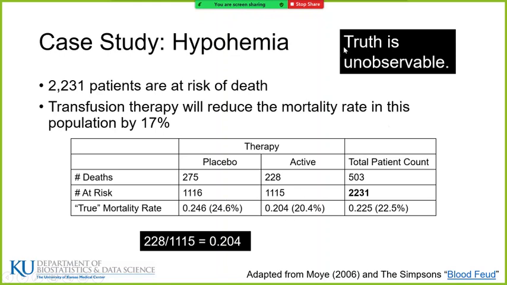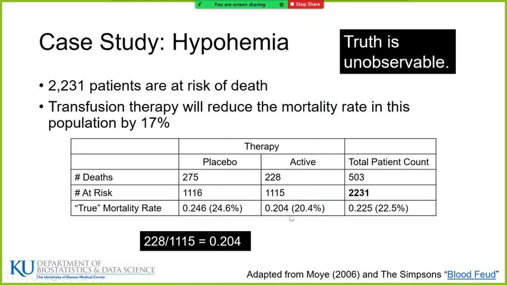And this is the truth, right? This is the truth because this is every patient, and this is an accurate measurement of whether they lived or died, and this is an accurate description of the therapy that they actually received. The way that we might want to summarize the effect of this active therapy is to look at the reduction in mortality rate.